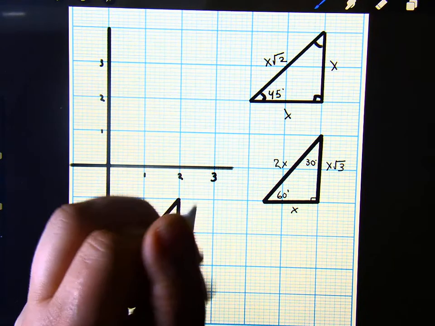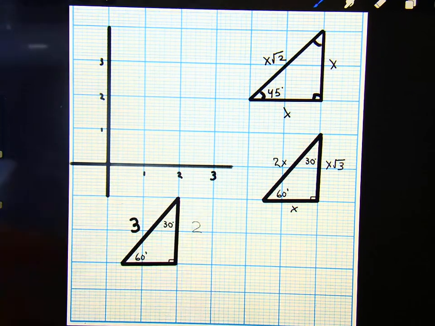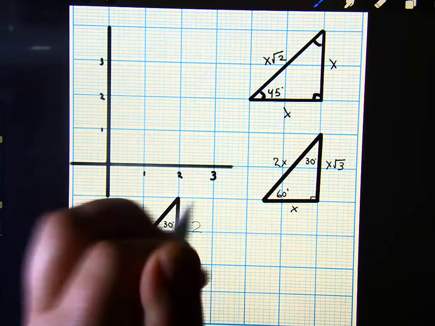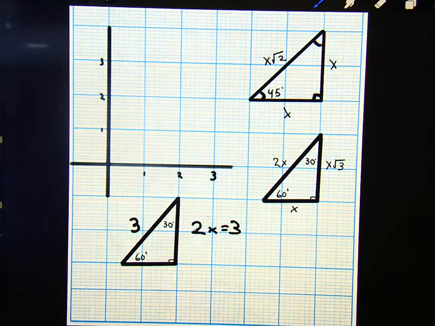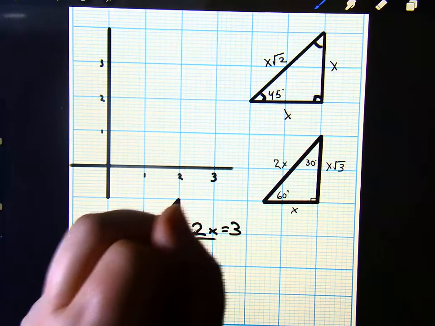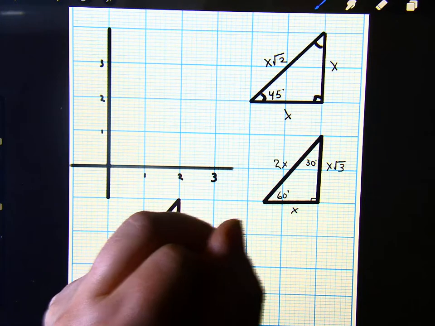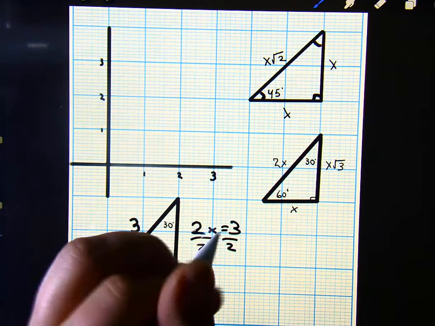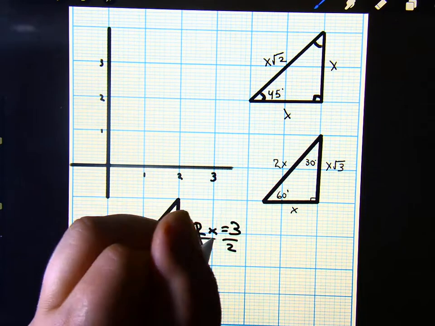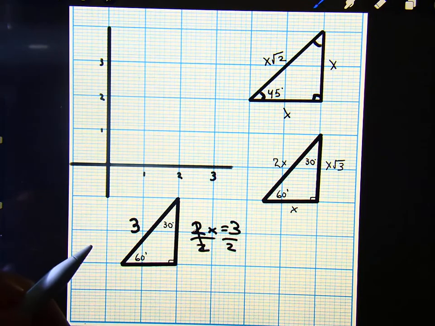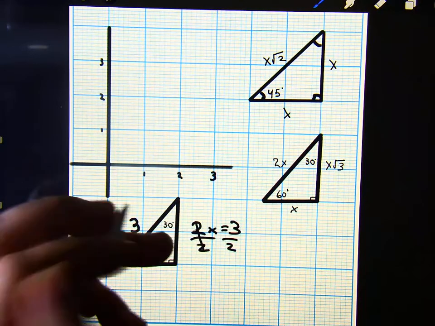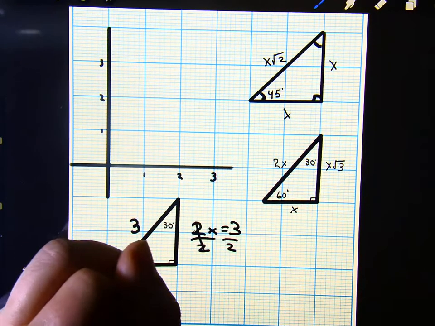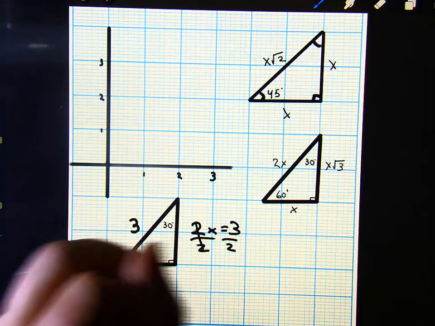So 2, oops, let's get a little bit thicker pencil here. 2x equals 3. Okay? Divide both sides by 2. So x equals 3/2. So that's what this length here equals, is 3/2. That's my x.